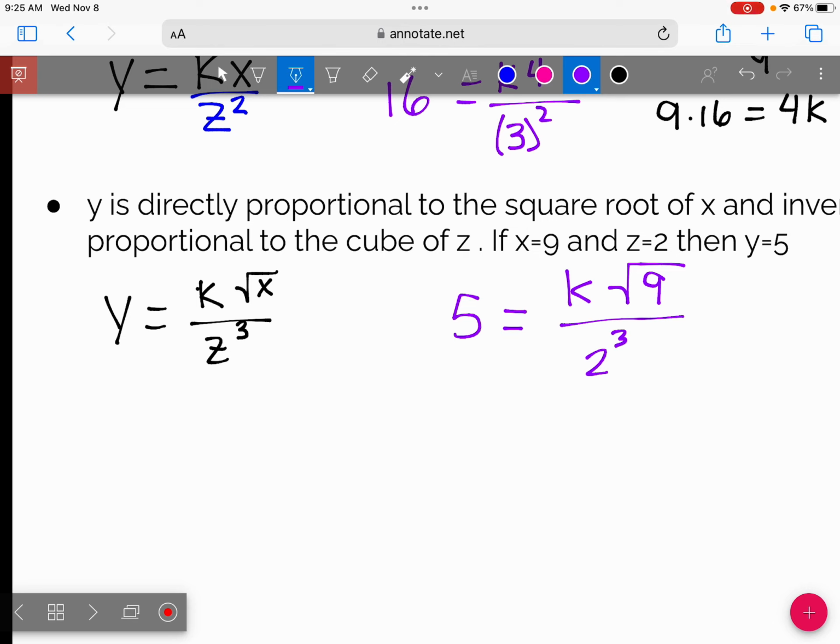It's going to be 5 equals 3k over 8. So we're going to have 5 equals 3k over 8. Exactly right.